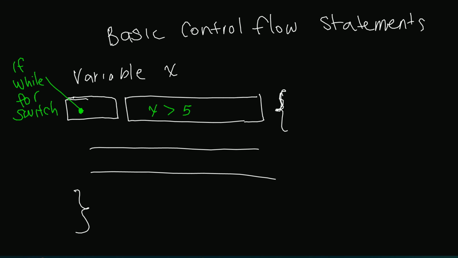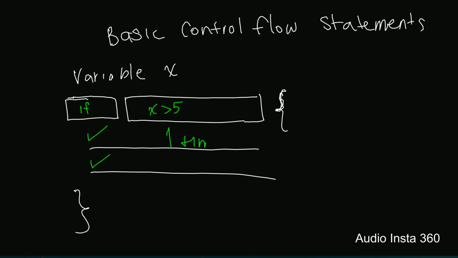So we're going to start with our if statement. If X is greater than 5, we're going to process these two lines, and we're going to do that one time. And our program will continue on the outside of this curly bracket. Or if our condition, X greater than 5, is false.